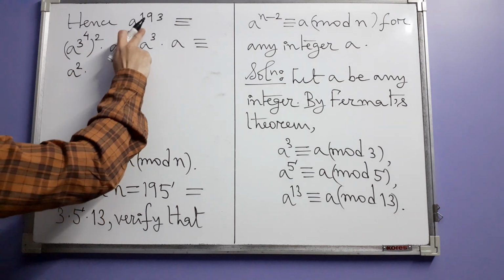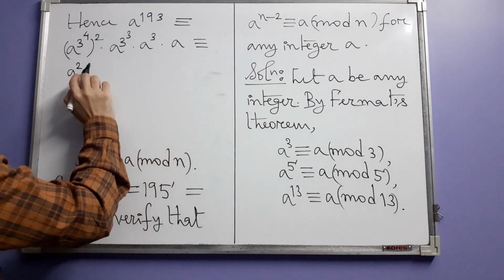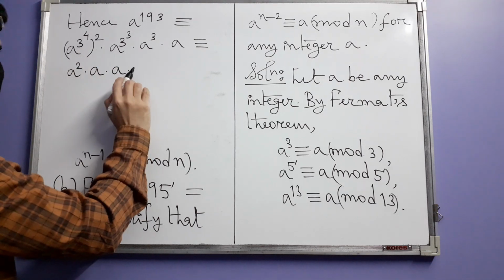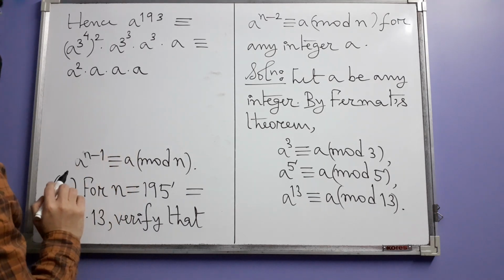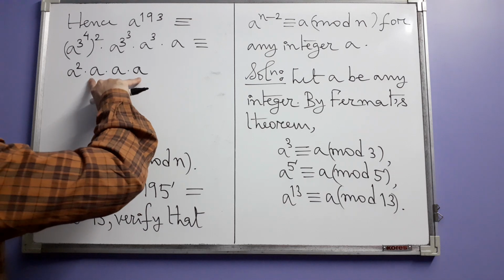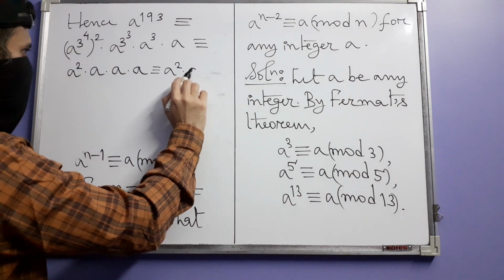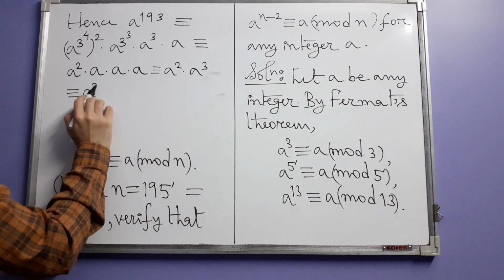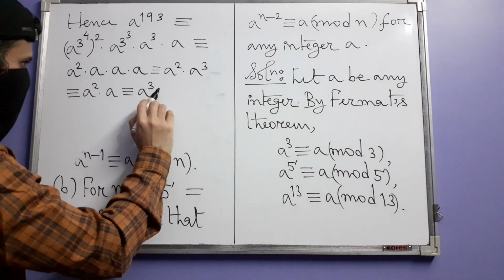Similarly, here there are three exponents. So ultimately this one will give us a, and this anyway is to be replaced by a and then finally a. Now what are we getting? You see, what do we have here? These three a's are giving me a cube again. So that a cube will be replaced by a. That means again we are having a cube.